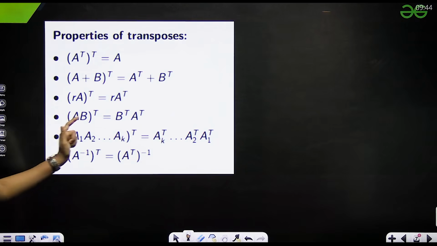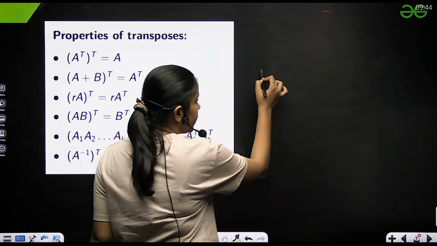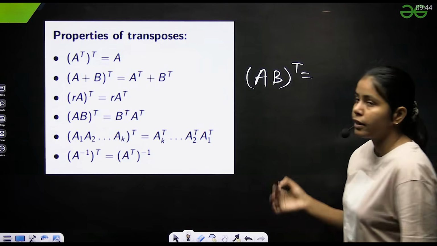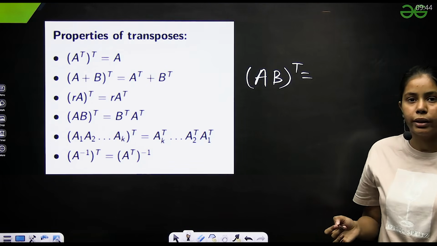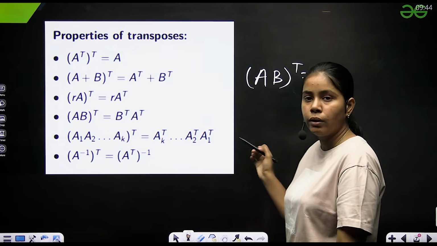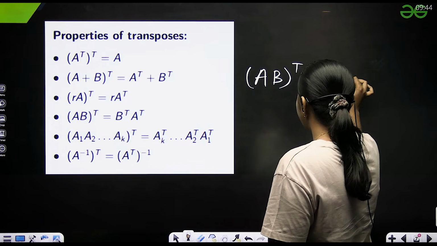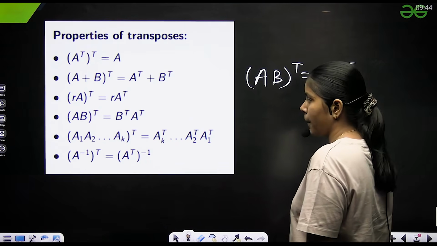Next thing is (AB) transpose is equal to B transpose A transpose. This is an interesting property. You cannot say that (AB) transpose is equal to A transpose B transpose, because multiplication is not commutative. If it were commutative, then that would work, but it is not, so it opens as B transpose A transpose.